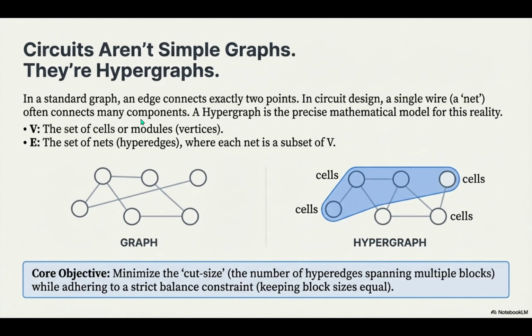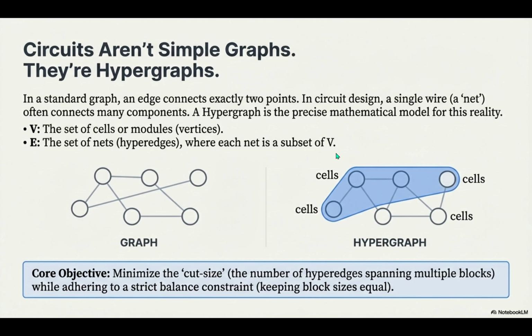It might connect 3, 5, 10, sometimes dozens of different components all at once. I see. So if you have one wire telling 3 different parts of the memory to wake up, that wire touches 3 places. A normal graph can't draw that. Precisely. A hypergraph is the mathematical tool that correctly models that reality, where one connection, a hyperedge, can link a whole set of components. The components are the cells, the wires are the hyperedges.